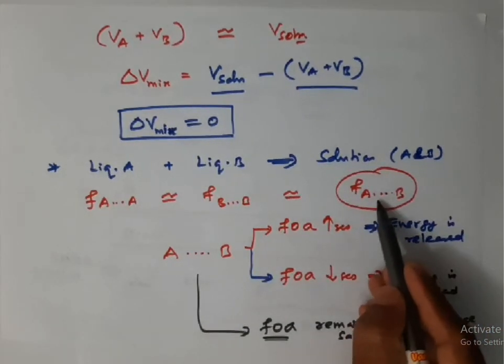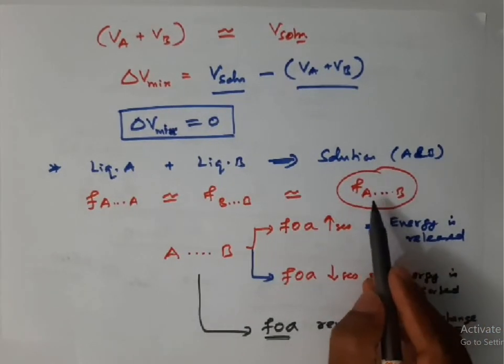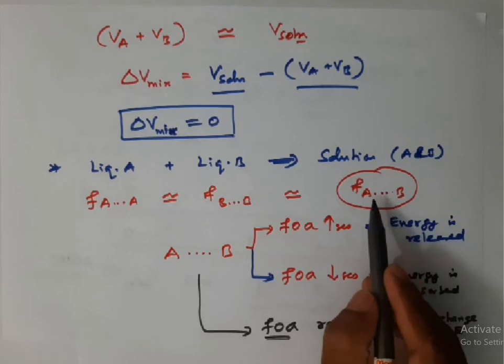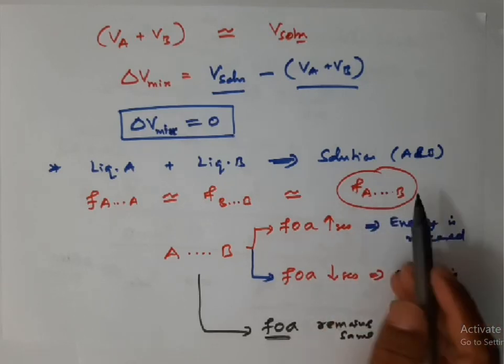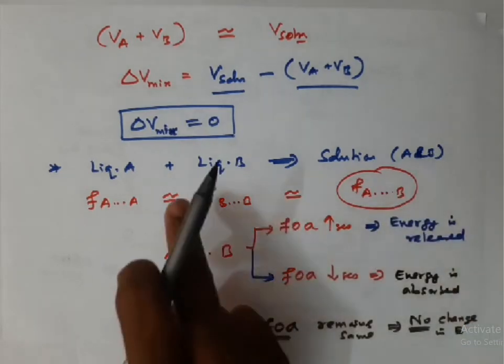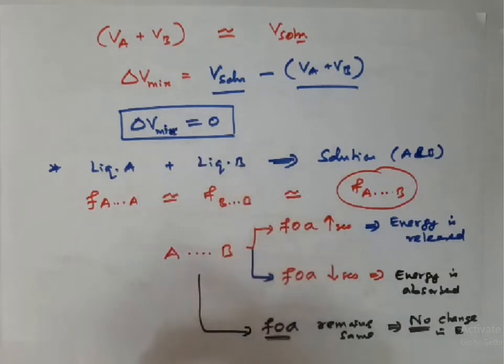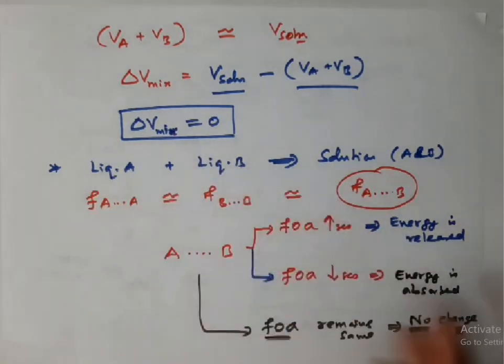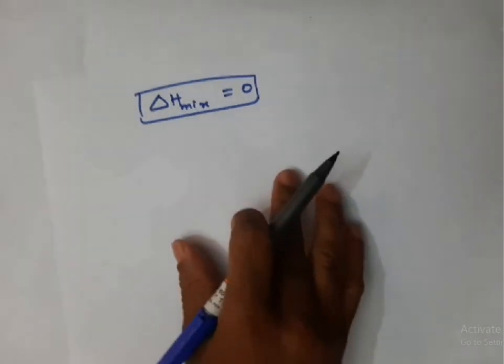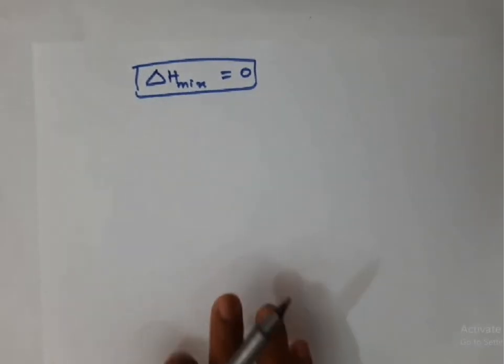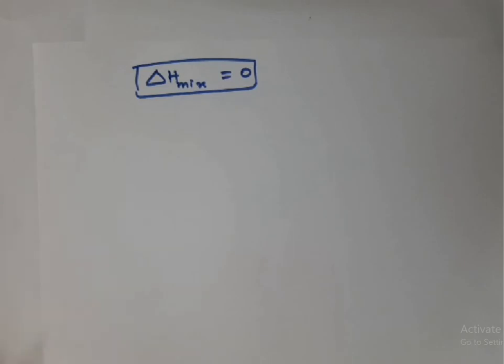Force of attraction between AB remains the same; it doesn't increase or decrease. That means while mixing A and B, no energy is absorbed or released. So we can say that delta H mixing is 0. This is another important point for ideal solution. Students, is this clear? Any doubt here?